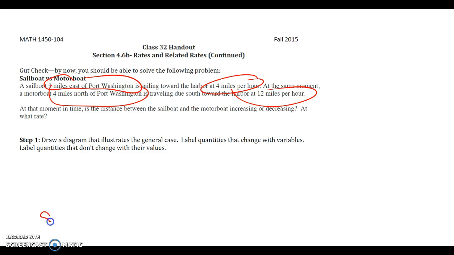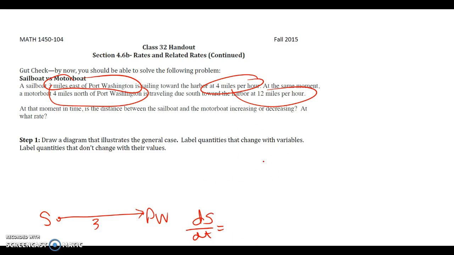We have the sailboat coming toward Port Washington. He's 3 miles east, and he's traveling, I'm going to say ds/dt, at 4 miles per hour.